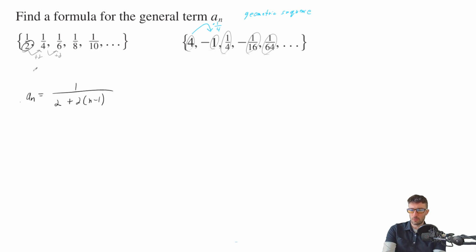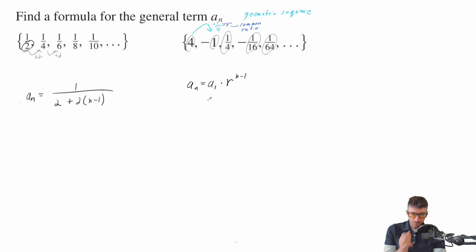And just like there was a formula for an arithmetic sequence, there's a formula for a geometric sequence as well. It's that a_n will equal a_1 times whatever the number you're multiplying everything by, that's called r, or ratio, or common ratio, raised to the n minus 1.